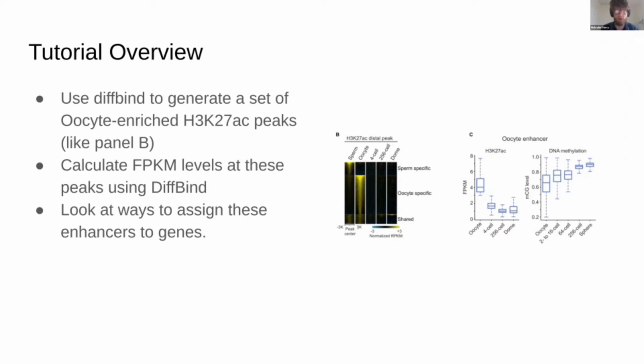We're going to recreate panel B, not the heat map itself, but the classification of peaks into sperm-specific and oocyte-specific. We'll do that more rigorously with Diffbind, then look at how you might recreate a box plot of FPKM levels at the enhancers as well, and then some further analyses that can work with that.